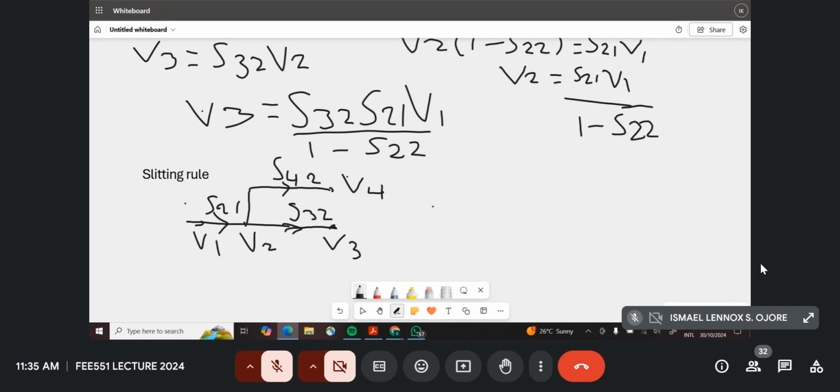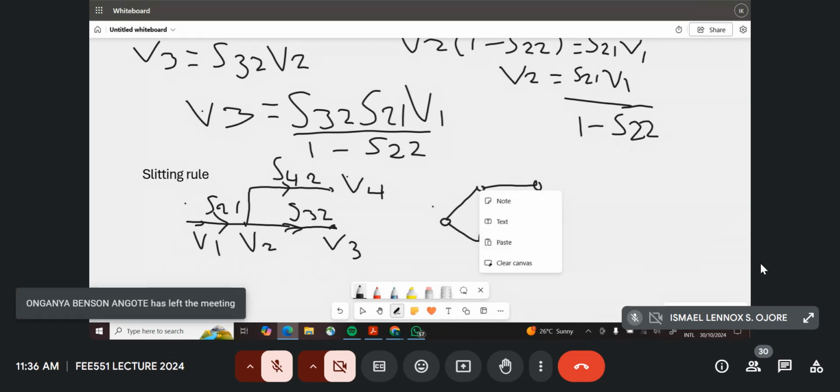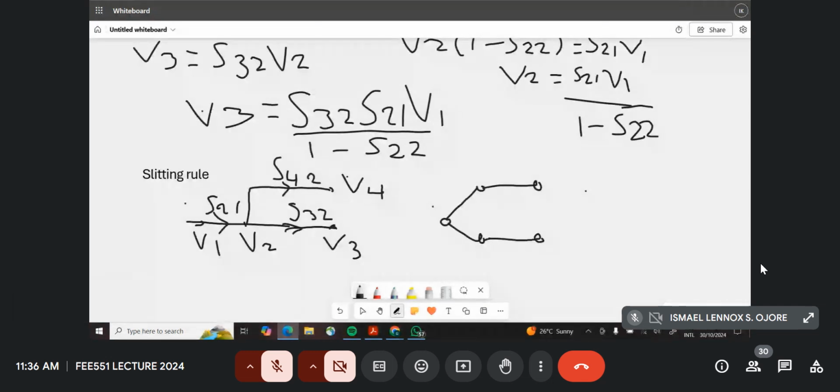So how we'll split this network. First, I'd like us to notice that at this point where we are splitting, there is one incoming which is this S21 and two outgoing, which is S42 and S32.